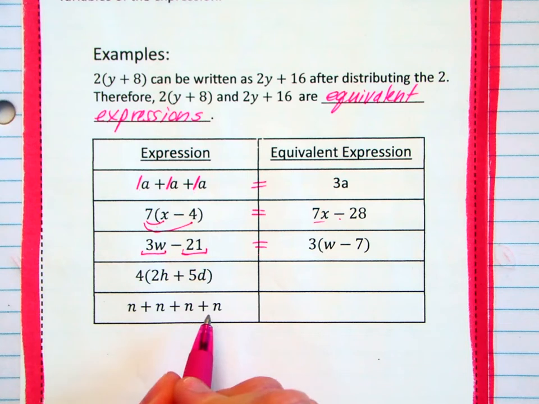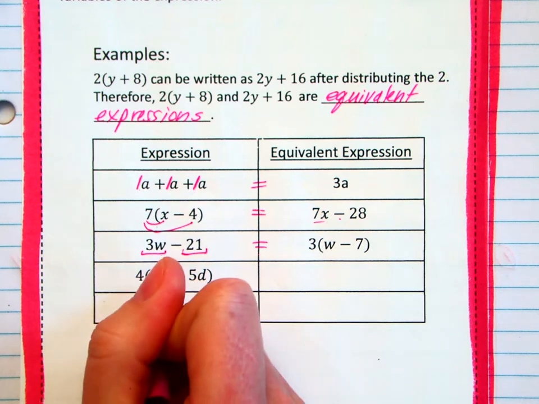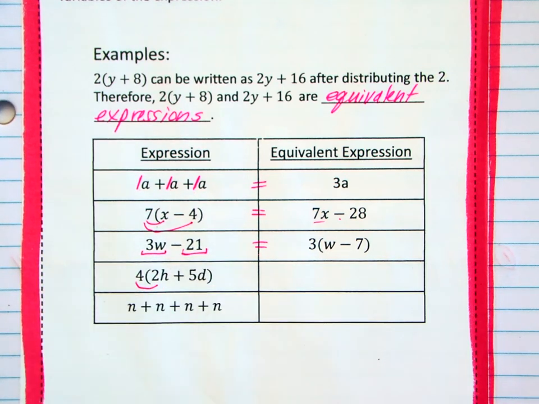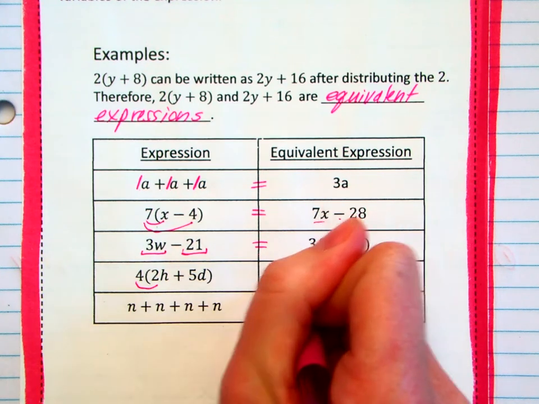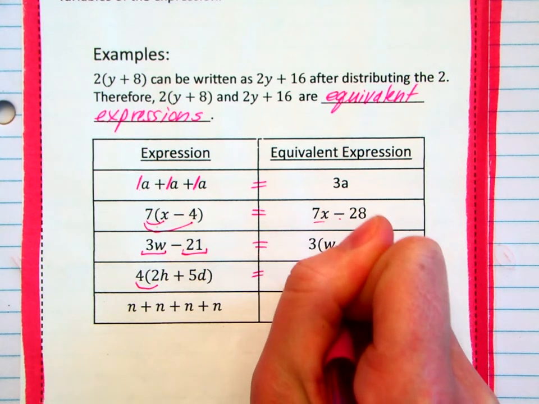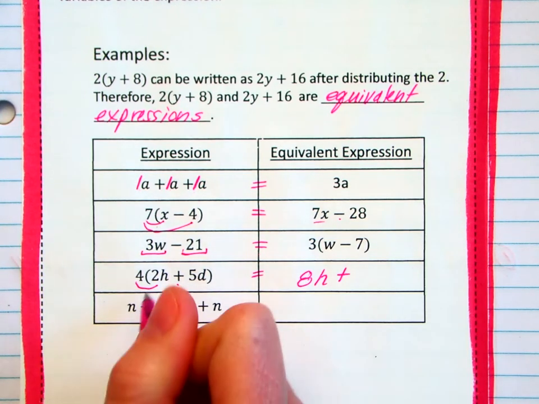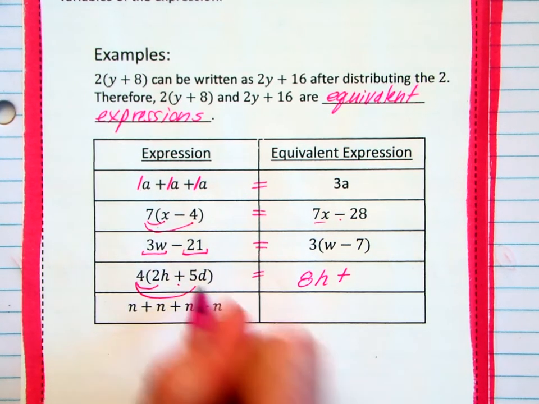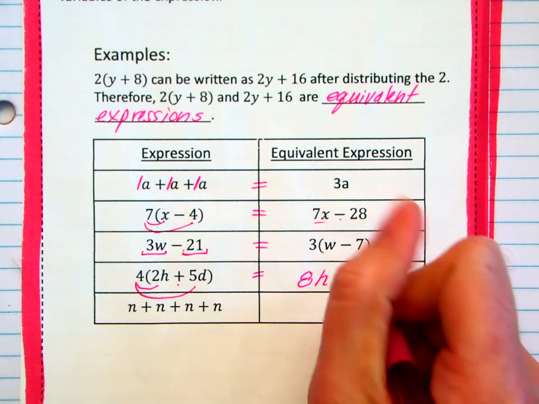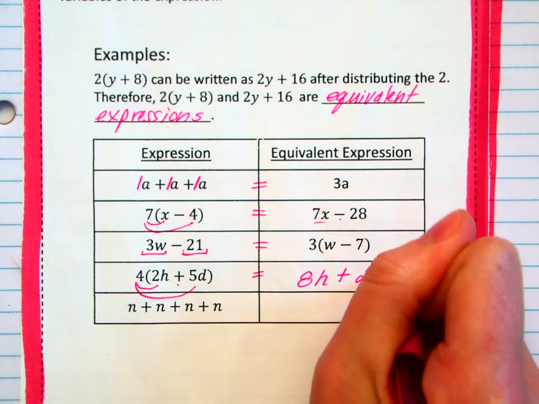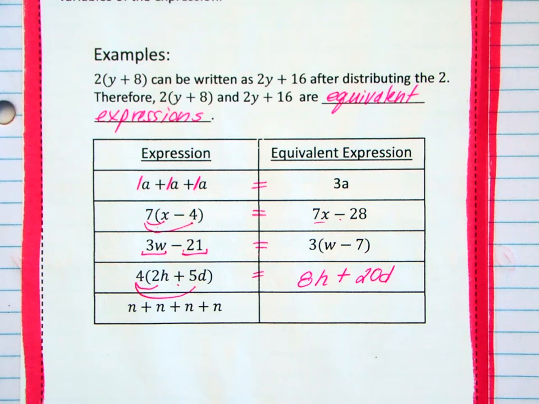Now, let's distribute these. We're going to do 4 times 2h. If you said 8h, you are correct. Addition. Now distribute 4 times 5d. That would be 20d. That's a good job.